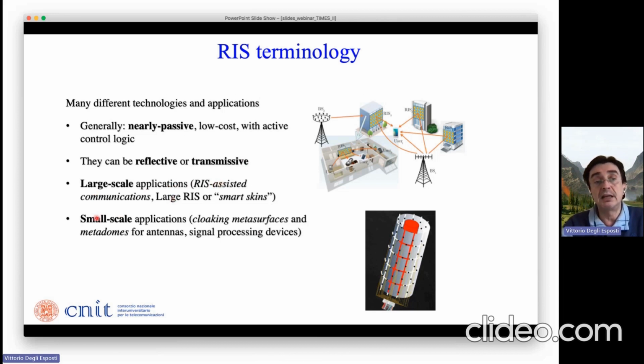There are small-scale applications, for example, cloaking metasurfaces and metadomes for antennas, signal processing devices, etc., where a metasurface is used to wrap a very simple source and then change the radiation pattern in a dynamical way.